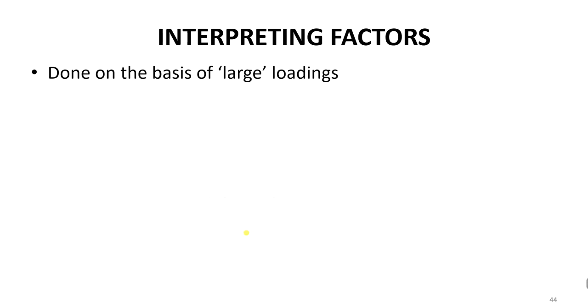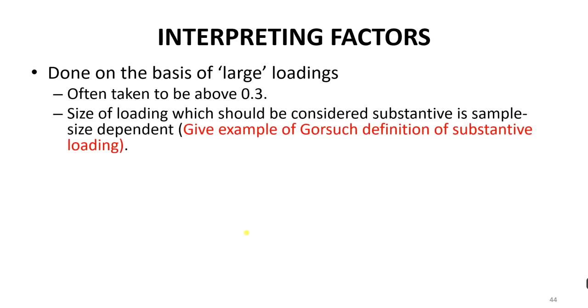We will never get the ideal loading where all the other loadings are zero and the variables are loading only on a given factor. So generally the interpretation is done on the basis of large loadings. So what defines large loadings? Generally any loading above 0.3 may be considered as large, but there are different views.